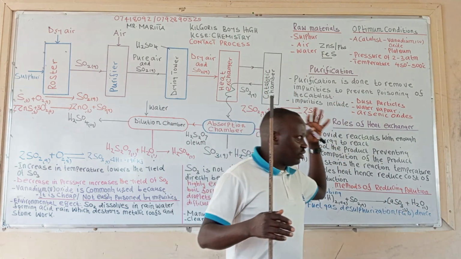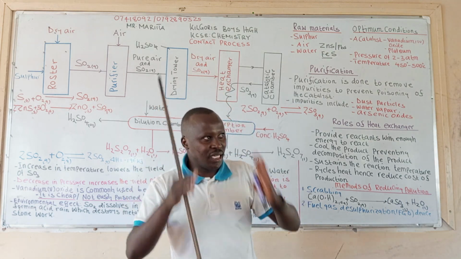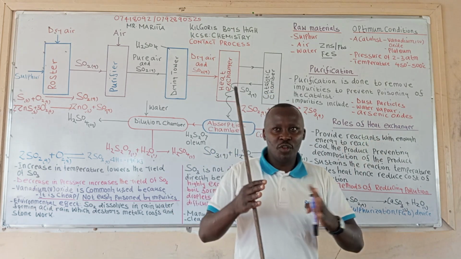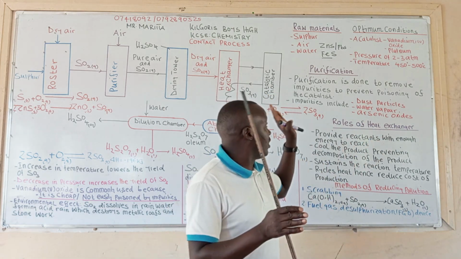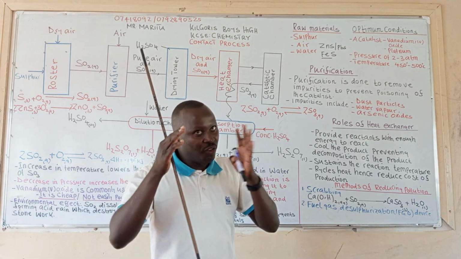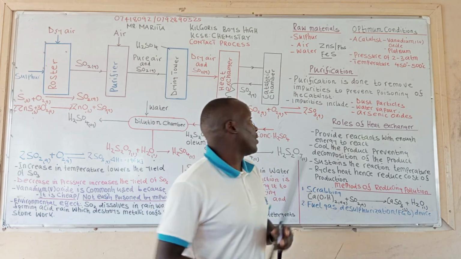There are two catalysts used here. We have the vanadium 5 oxide, or we have the platinum asbestos. But of the two, the vanadium 5 oxide is preferred instead of the platinum asbestos. Why? Because the vanadium 5 oxide is cheap and it is not poisonous.